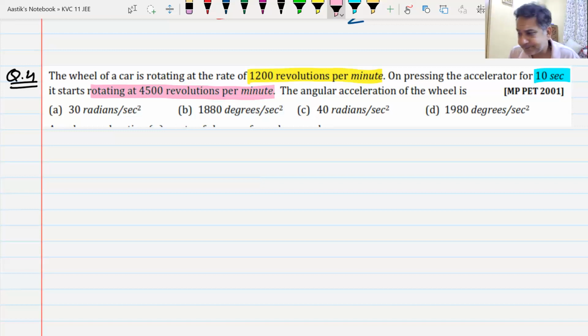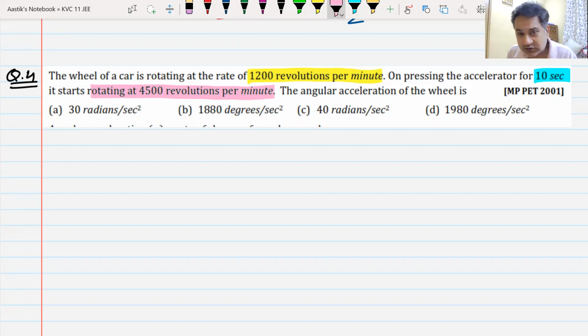Shall I do it? Remember, this question was given for a very specific reason, for you to understand that many times, in fact all the time, when a question on rotation comes, it will be given not in radians per second, but in revolutions per minute.